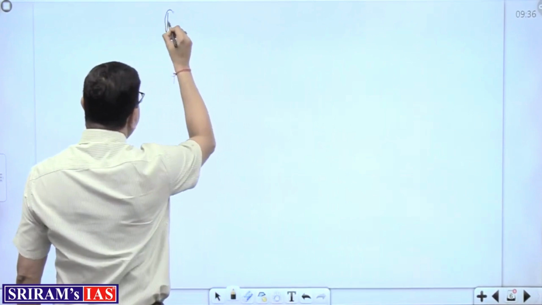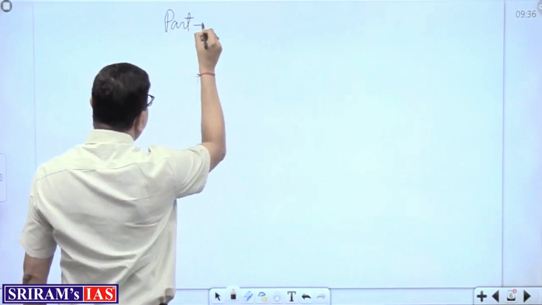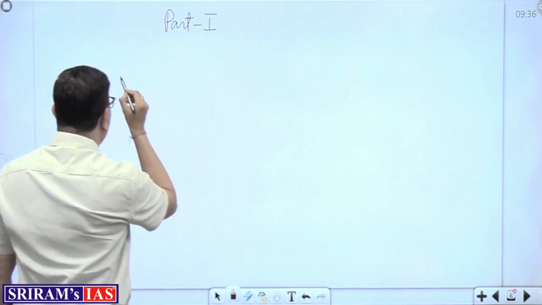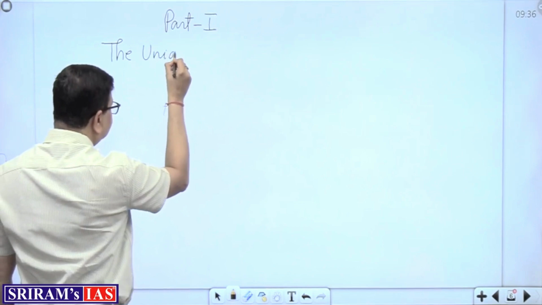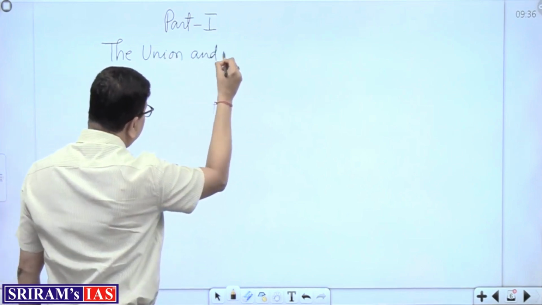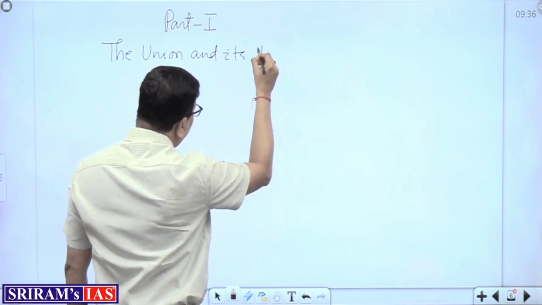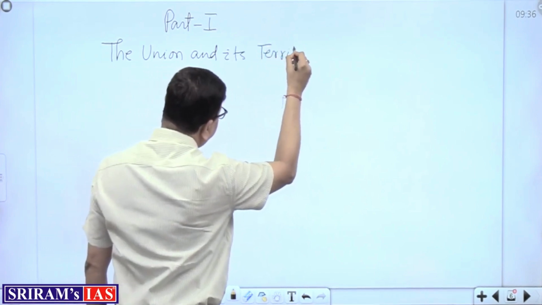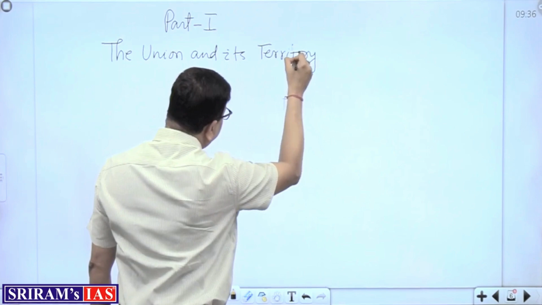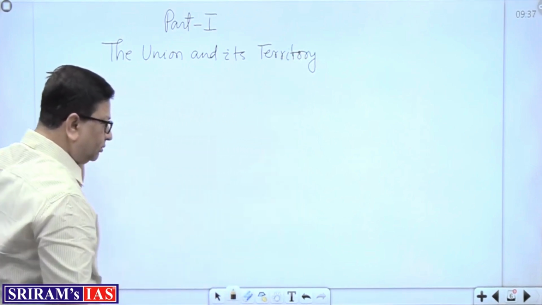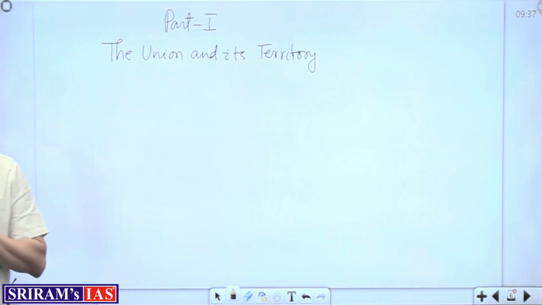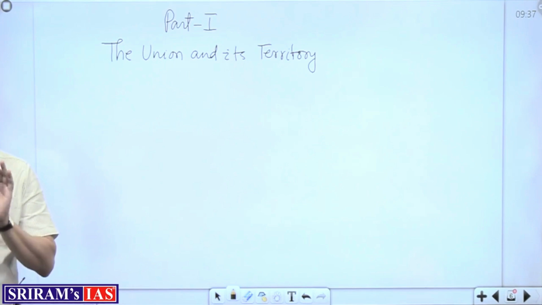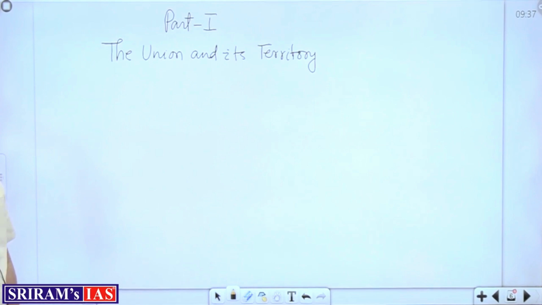Now coming to the next topic that we will be starting today, it is Part 1 of the Constitution: The Union and its territory. There are 4 articles in Part 1, but we need to understand only 3 articles. There is no need to mug up, only certain things that you need to understand.